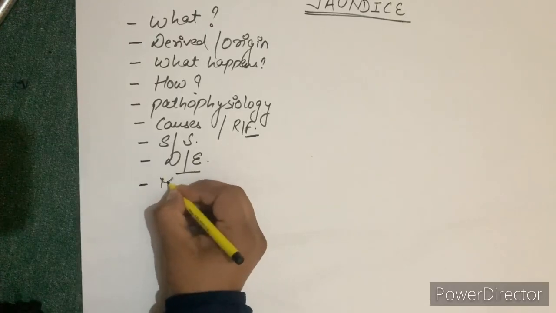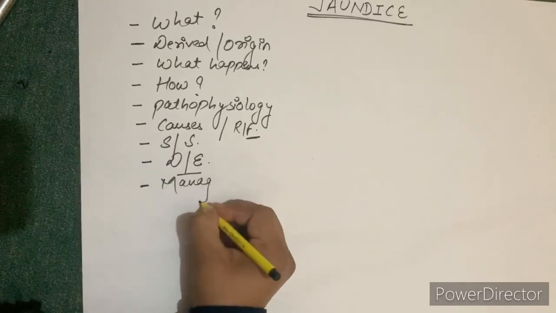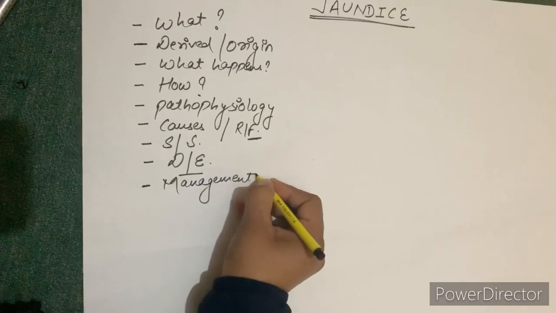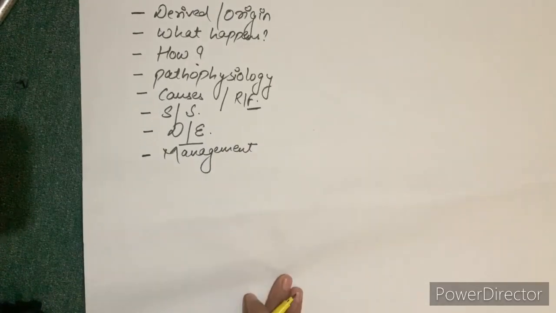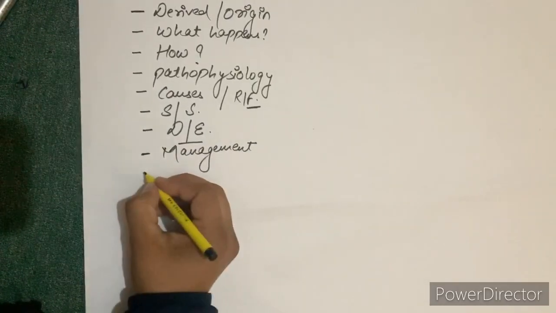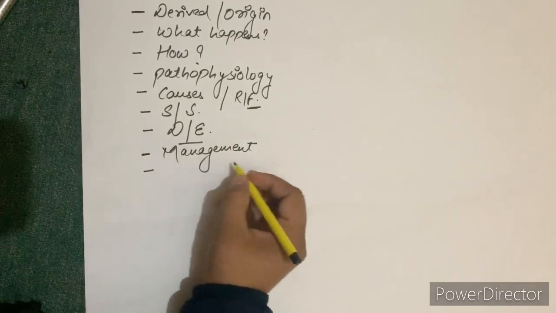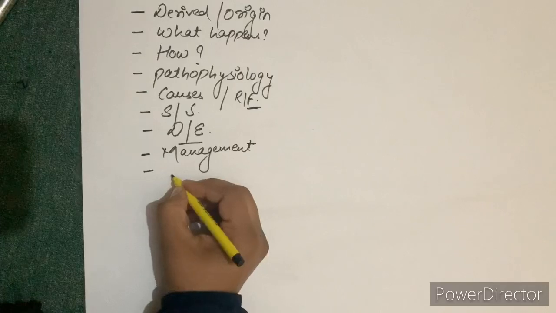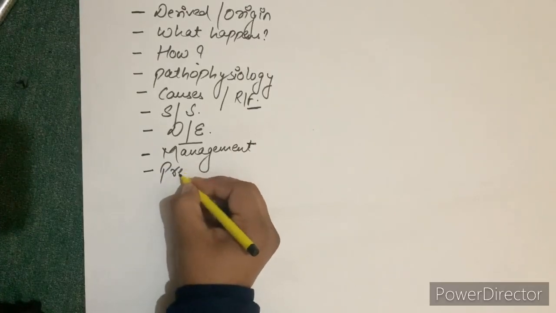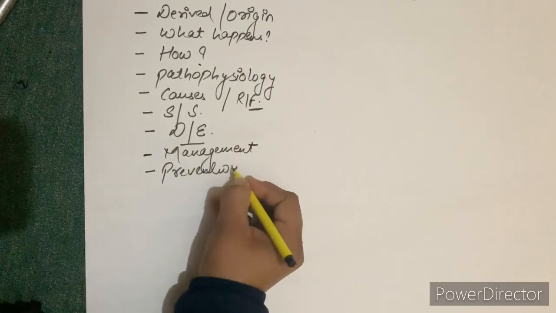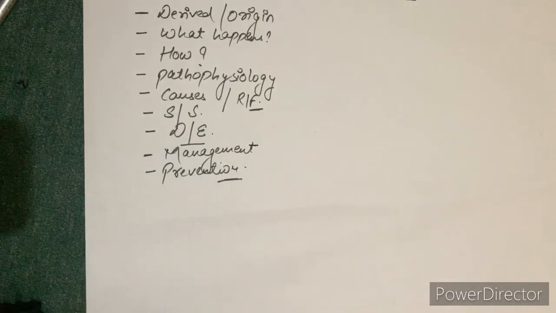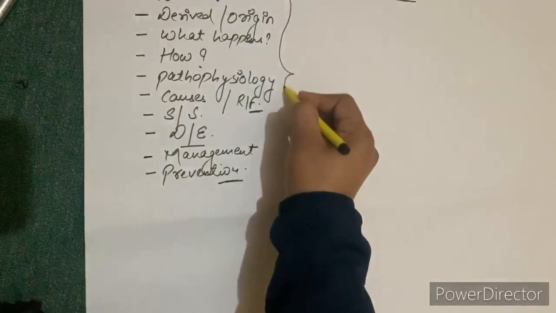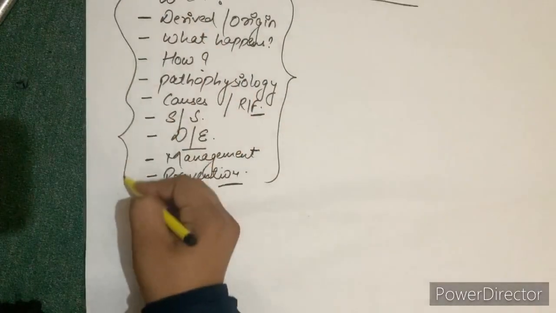Next we study the management of jaundice. Medical management is used to treat jaundice. And last but not the least, prevention: how we can prevent this jaundice. All these things we discuss in this short video.